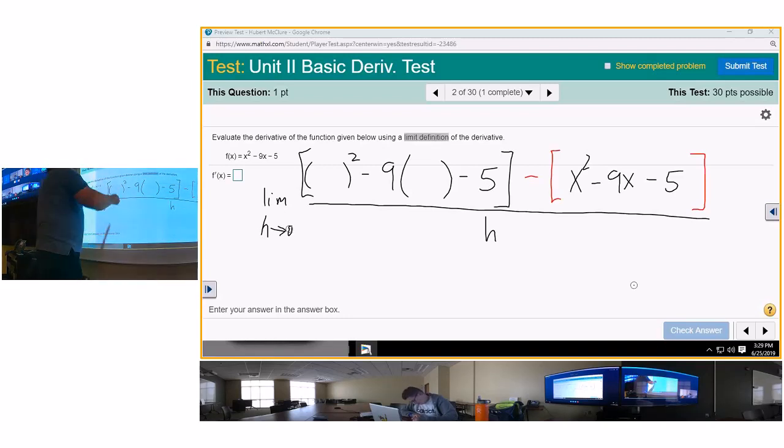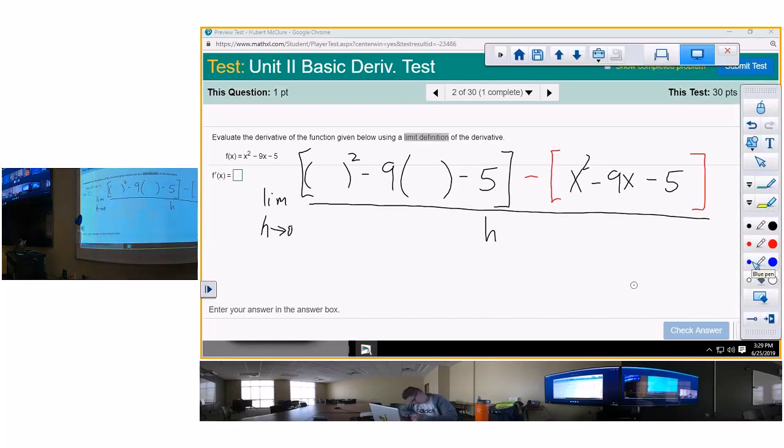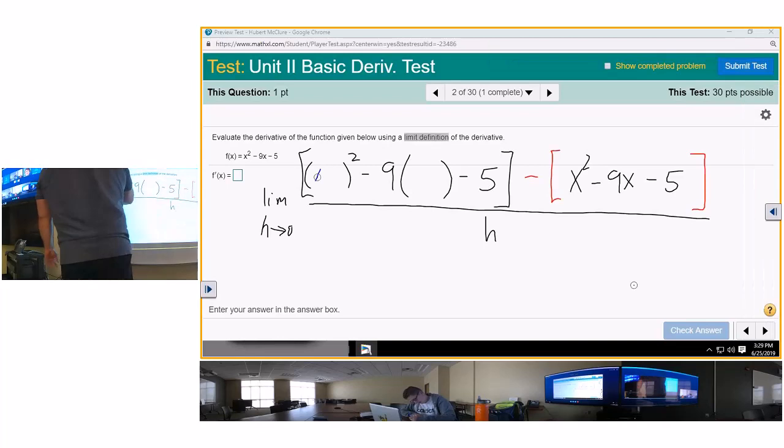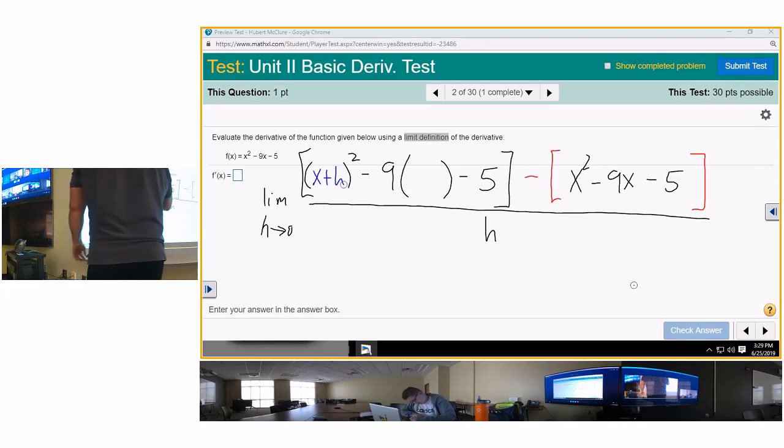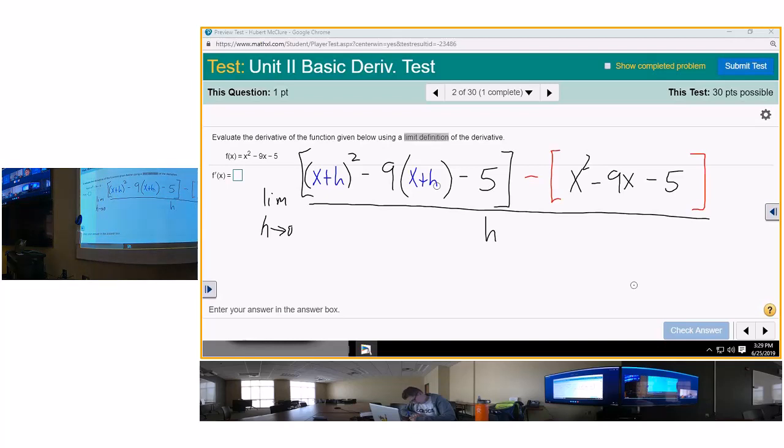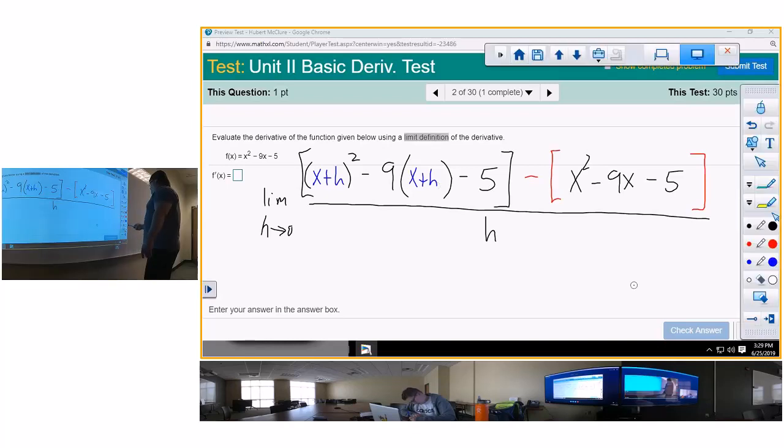And what goes in these little parentheses? x plus h. Okay, now do it. Of course, now that I've done it, I'm going to make it a little bit smaller.